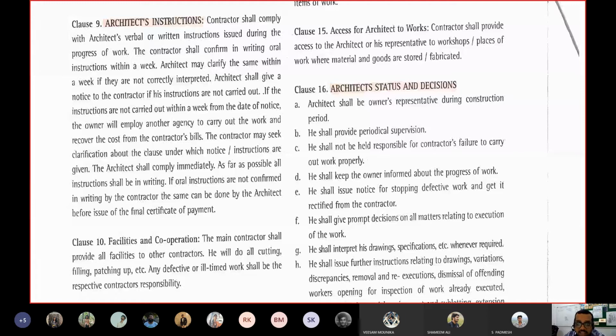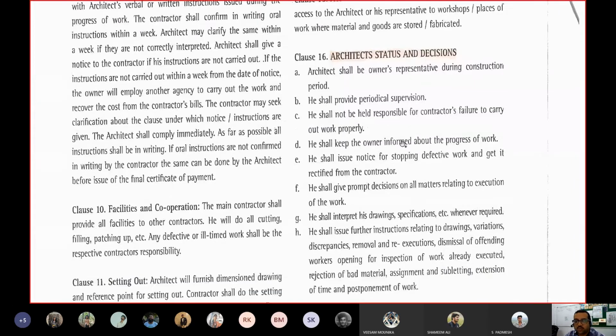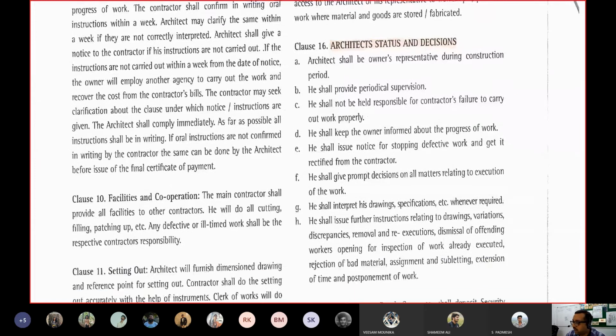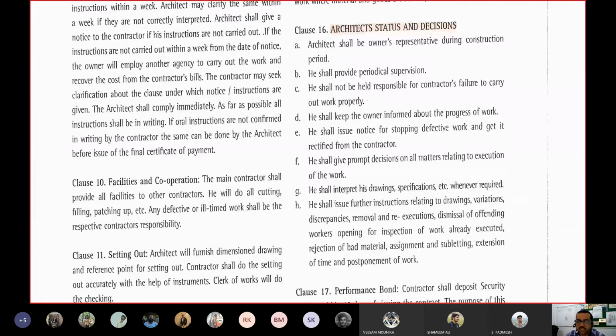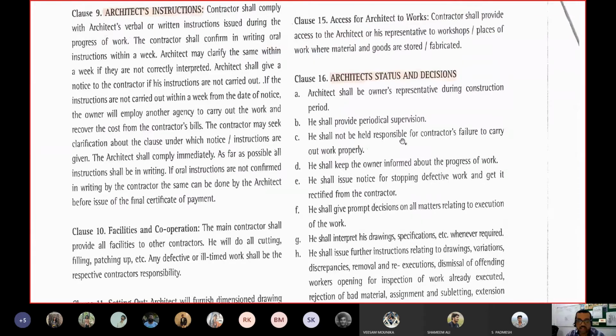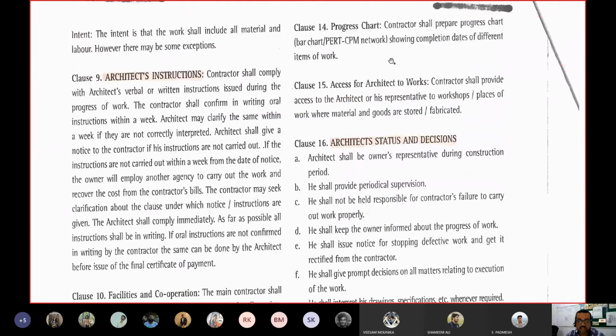I'm not discussing it right now, but it is mentioned in the contract document how to assess the progress of a work, in which format: horizontal chart, vertical chart, angular chart, logarithmic chart, any format, whether it is a chart, a graph, or a network like a flow chart. That has to be mentioned, since an individual contract is for an individual project. So for that particular project, what kind of progress chart is maintained has to be mentioned.